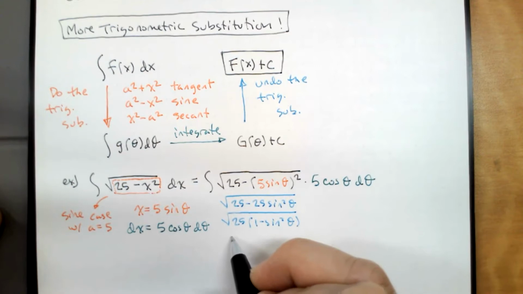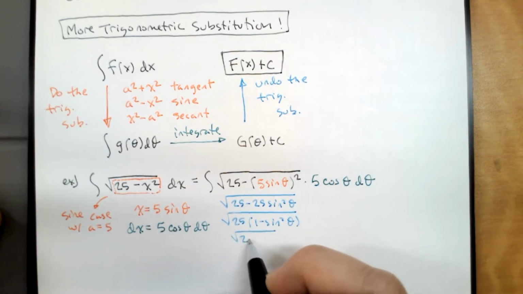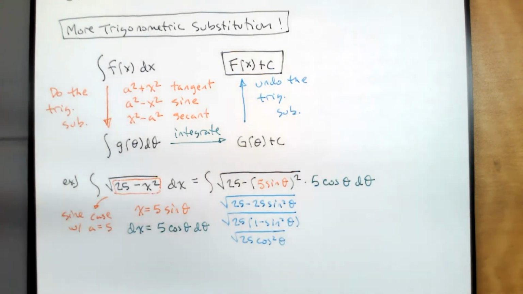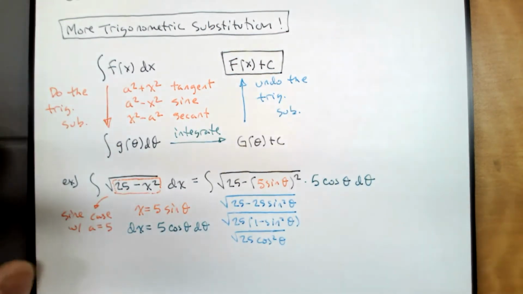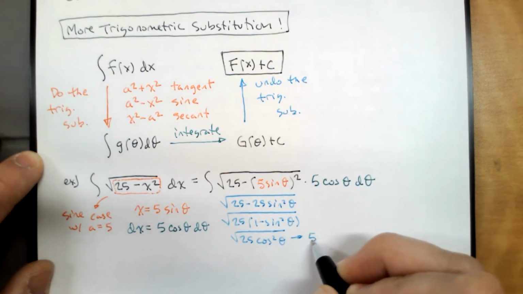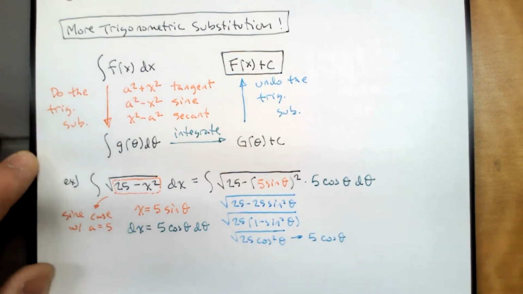And so that's going to be the square root of 25 cosine squared theta, which is going to become 5 cosine theta.